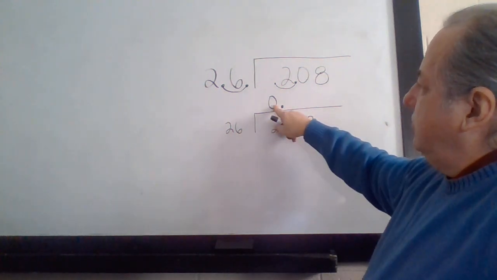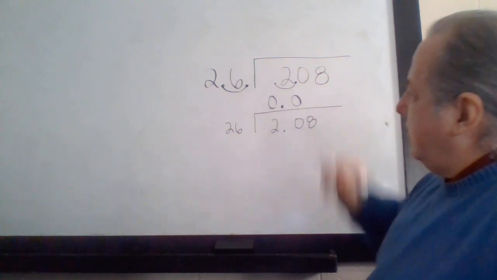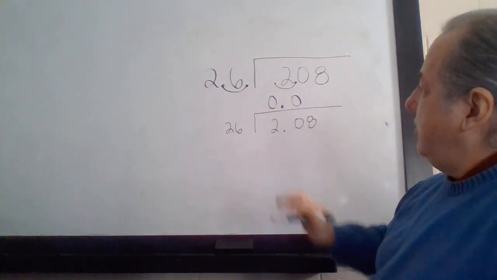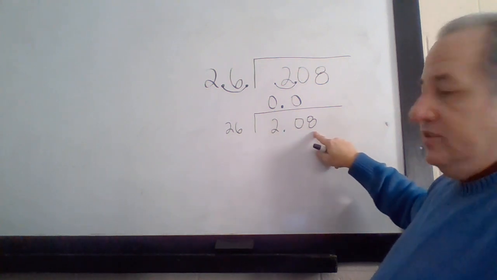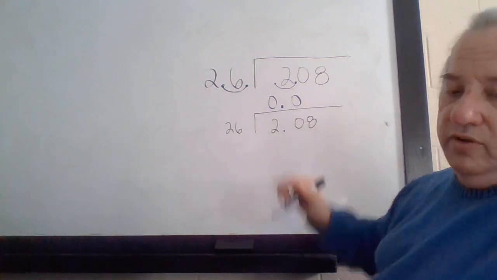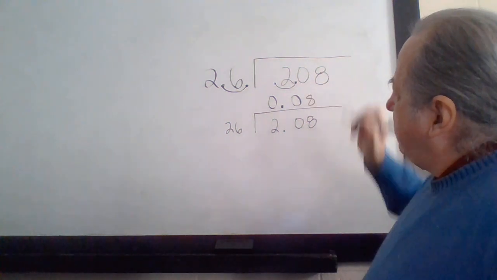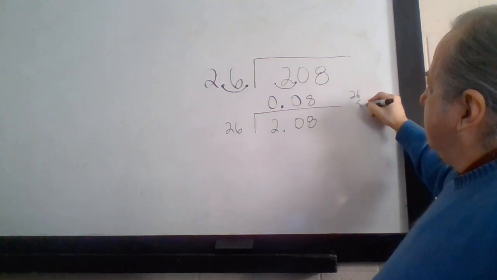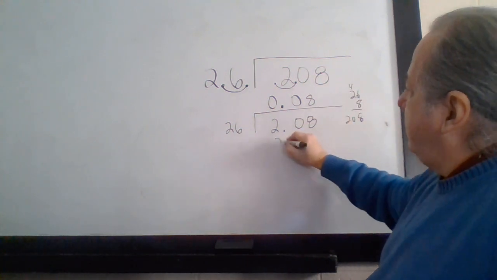26 does not go into 2. 26 does not go into 20, so I have to have a 0 there as a placeholder. And then I'm finally looking at, if it doesn't go into 2, it doesn't go into 20. How many times does 26 go into 208? And the answer is it goes in 8 times, because 26 times 8 is 208.